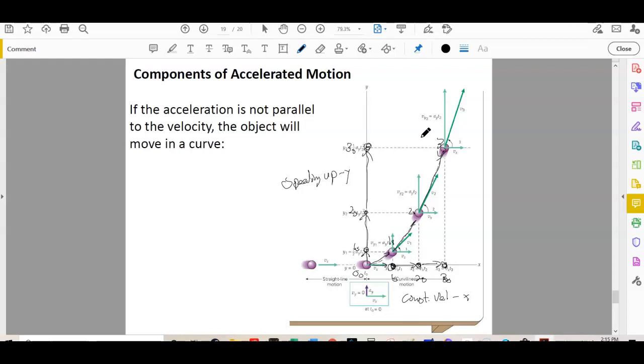So let's practice this a little bit, and this is one of the most important concepts that we need to wrap our heads around. In projectile motion, it's possible to have a constant velocity in one direction, while simultaneously having an accelerated motion, speeding up or slowing down, in another direction. So that's what we're seeing right here.